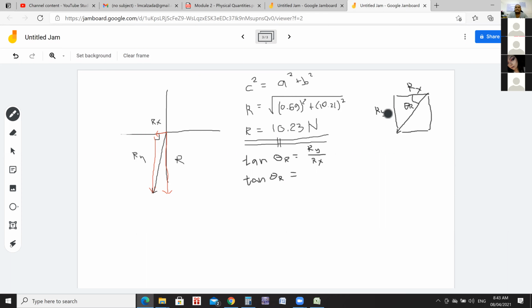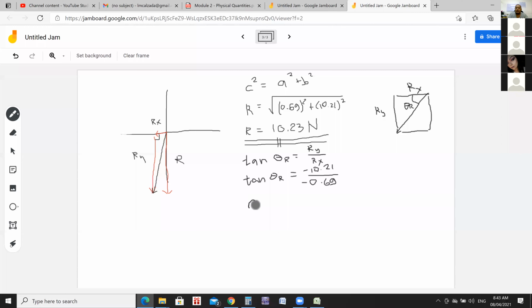RY here is negative 10.21, divided by negative 0.69.